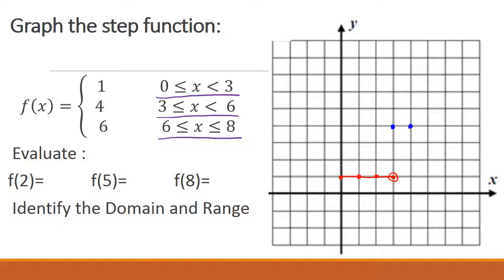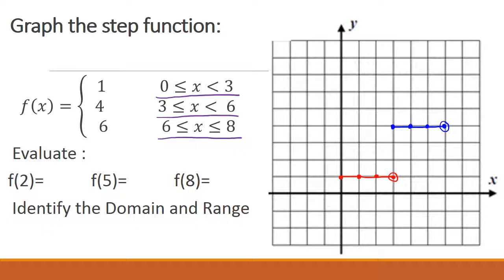X equals 5, the y is 4. And x equals 6, the y is 4. And this is the second piece of the graph. Since I'm including 3 in the domain and excluding 6, I'm going to have an open circle for the y value for x equals 6.